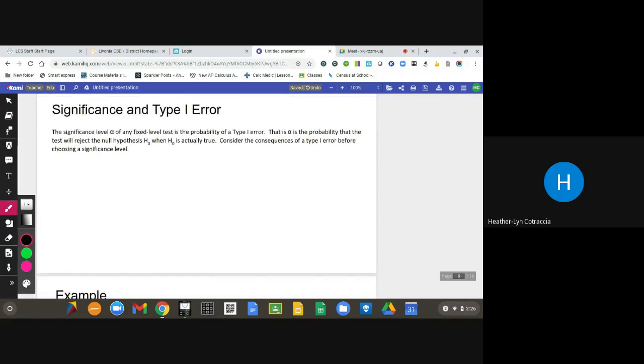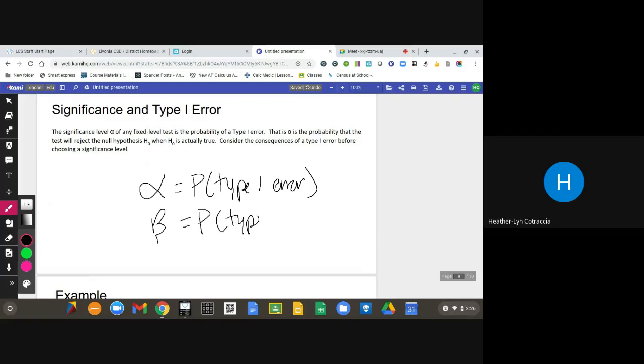Okay, and then last thing, and then we're going to do one example, and this video will be complete. The significance in the type 1 error, whatever your alpha is, that's equal to the probability of a type 1 error. Some of you are like, oh, well, what's the probability of a type 2? The probability of a type 2 is actually what we call beta.